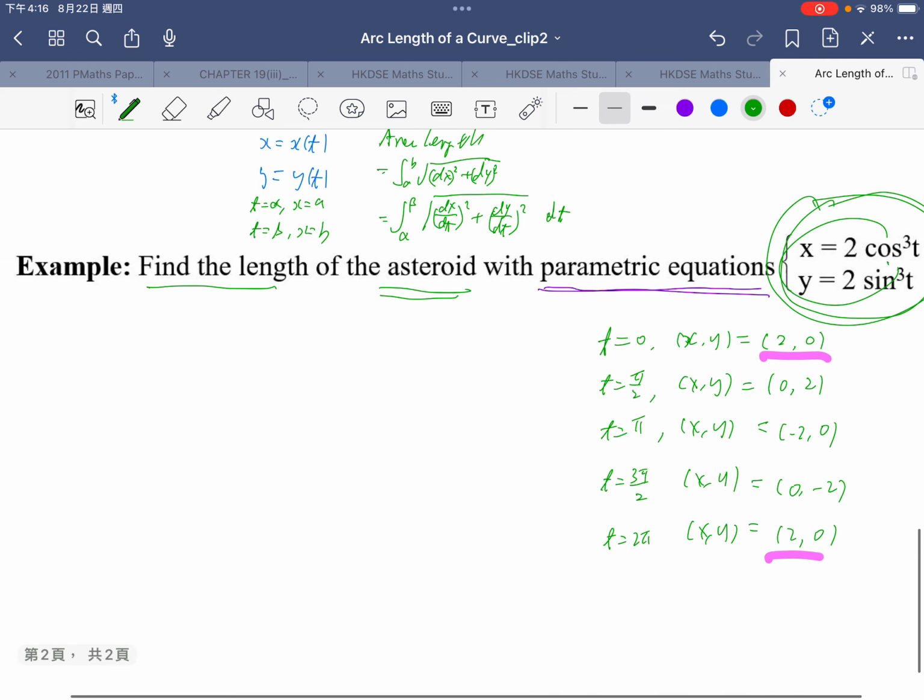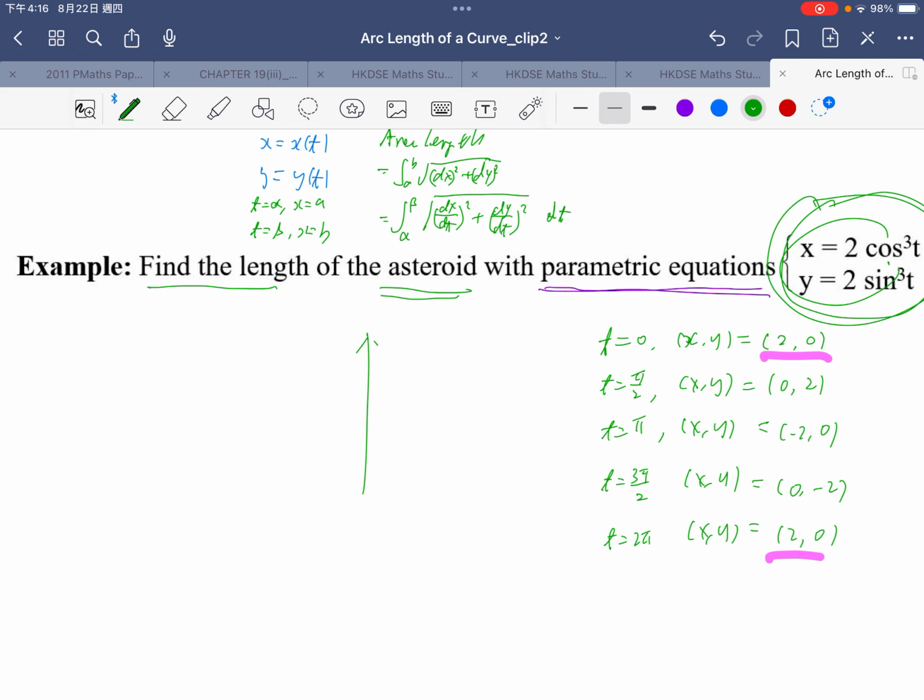Therefore, we can conclude the format: these are the xy coordinates. The first point is 2, 0. Then the second point is 0, 2, and then minus 2, 0, and then 0, minus 2.